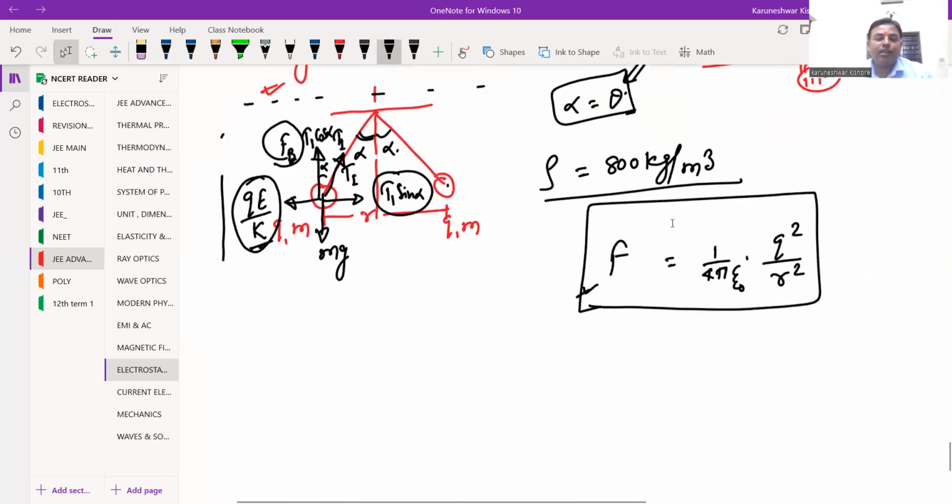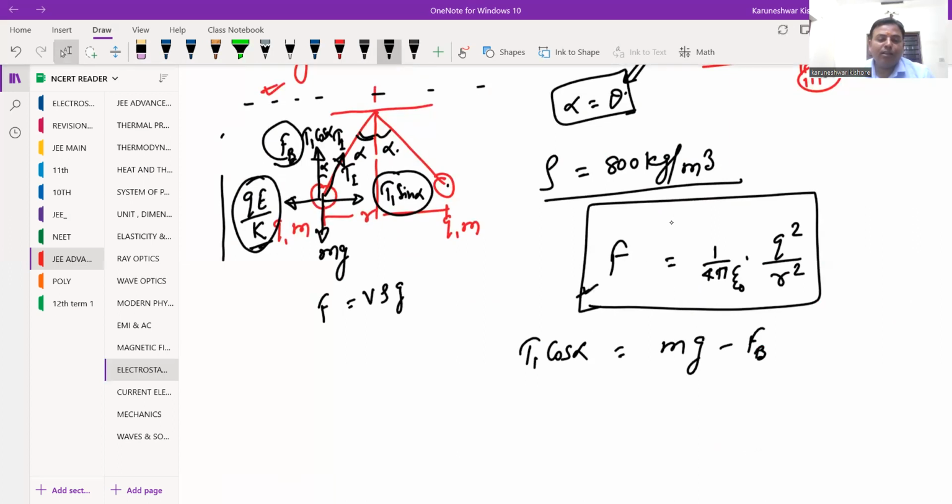If you go for the balancing condition in this situation, T1 cos alpha will be mg minus the buoyancy force, and the buoyancy force is V rho g. This will be the buoyancy force applied by the liquid.